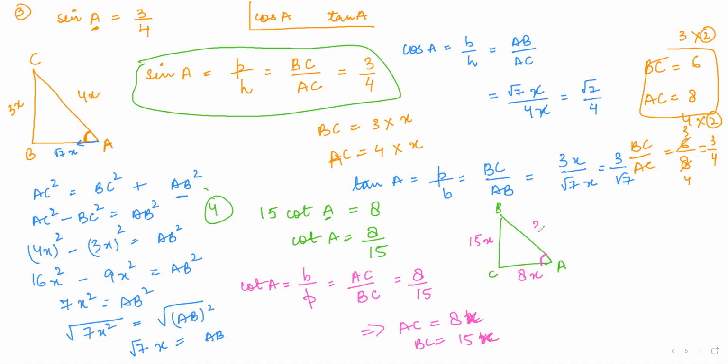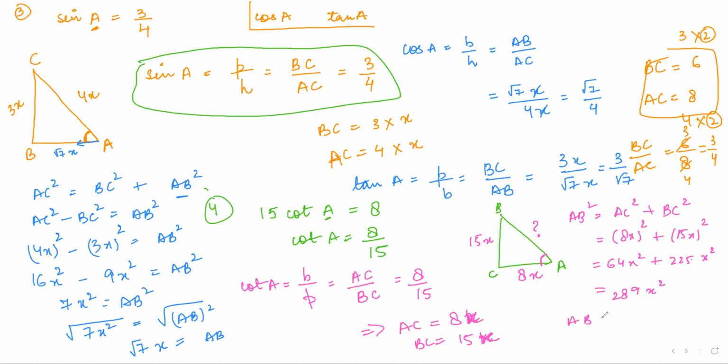Now again, Pythagoras theorem, find AB. So AB square is equal to AC square plus BC square. This is 8x whole square plus 15x whole square. 8 into 8 is 64, 15 square is 225, so 64x square plus 225x square, that is 289x square.